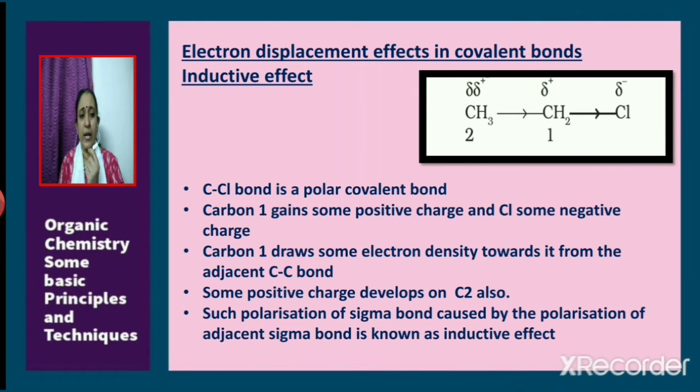Since carbon 1 gains some positive charge, it will draw some electron density towards it from the adjacent carbon-carbon bond, or the C-C bond. So now some positive charge will develop on carbon 2 also. Such polarization of a sigma bond caused by the polarization of an adjacent sigma bond is known as inductive effect.